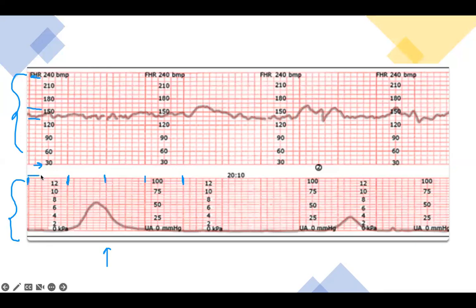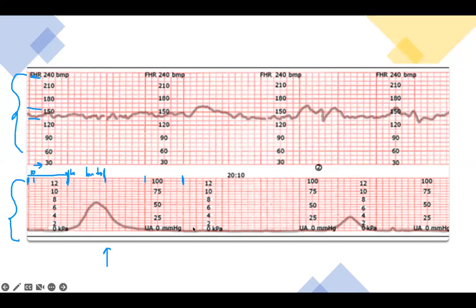From here to here is 1 minute. So the distance between two thick lines is 1 minute, which is 60 seconds. That means the small lines are 10 seconds apart. So 10 seconds, 10 seconds, 10 seconds. So this is 1 minute, 2 minutes, 3, 4.